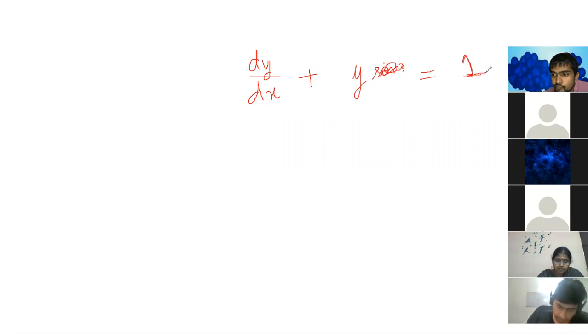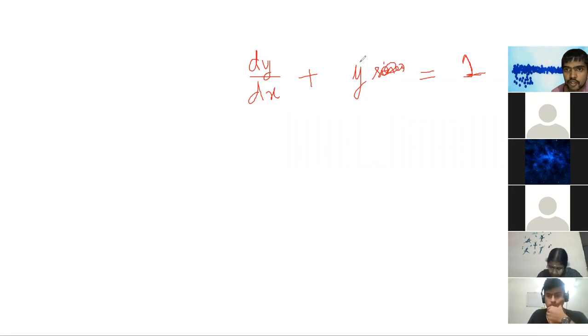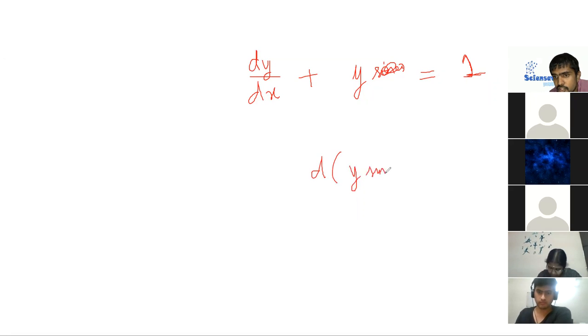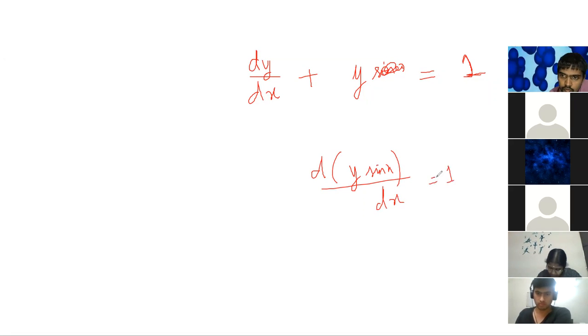Now, can I multiply this with some value? I'm getting dy by dx plus y equal to 1. But if the same thing was given to me as d of (y sin x) by dx equal to 1, is this easy to solve?